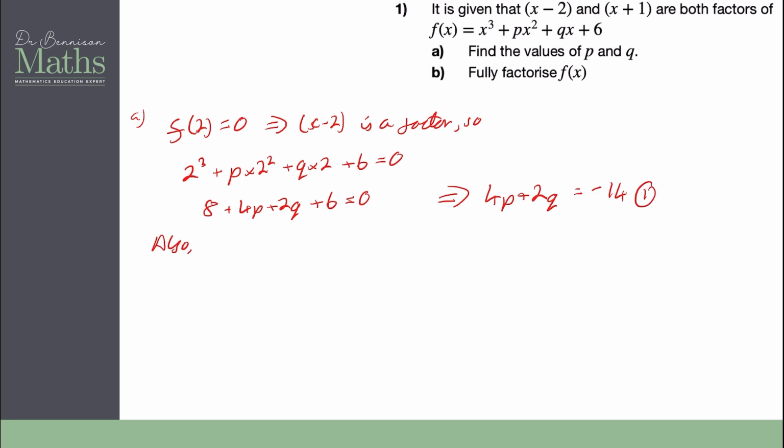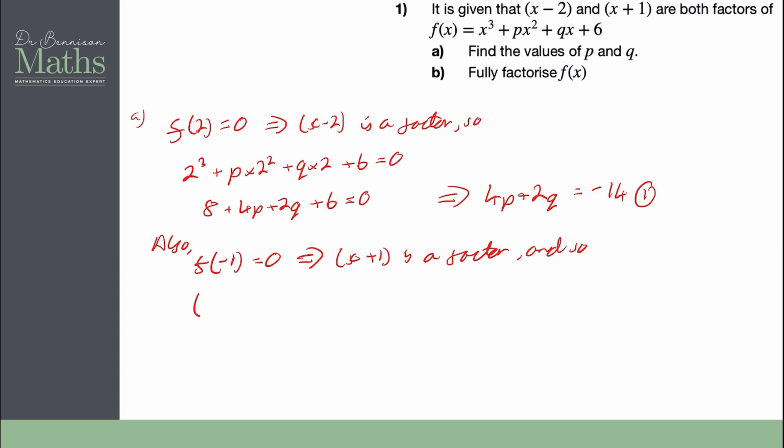Also, f of negative 1 equaling 0 implies that x plus 1 is a factor. And so I can substitute in negative 1 and set that equal to 0, and I get another equation.